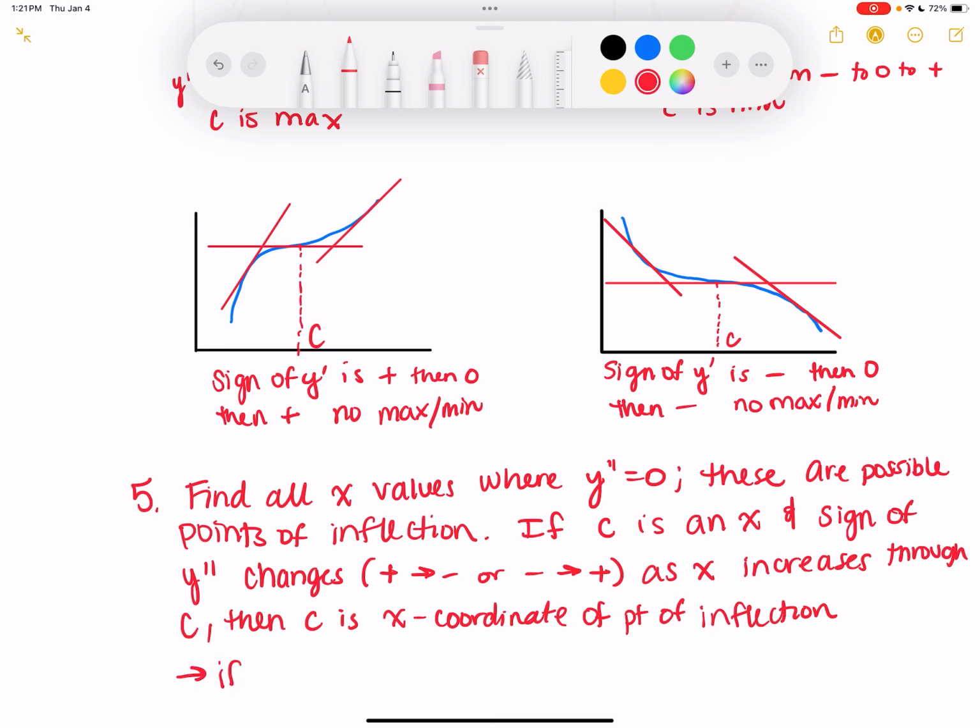If the sign doesn't change, c is not a point of inflection.